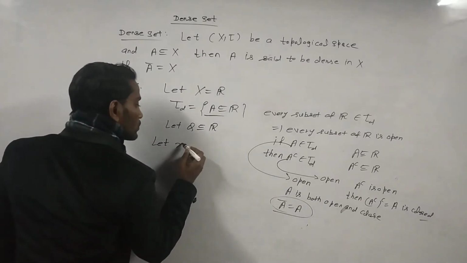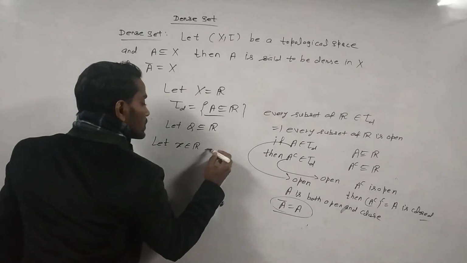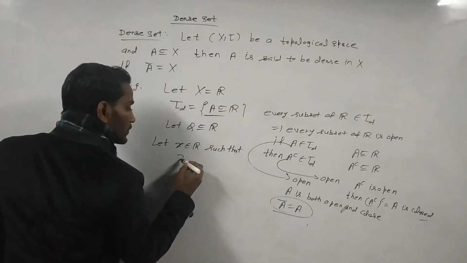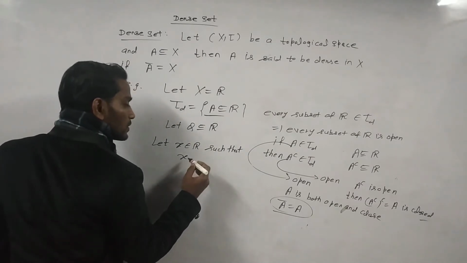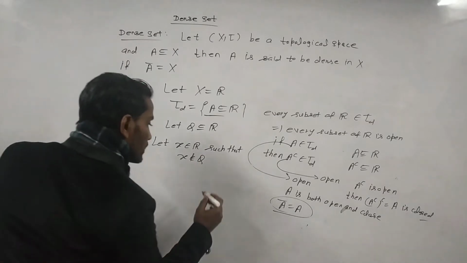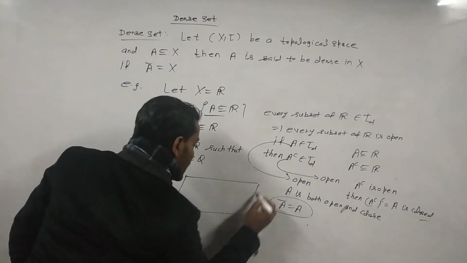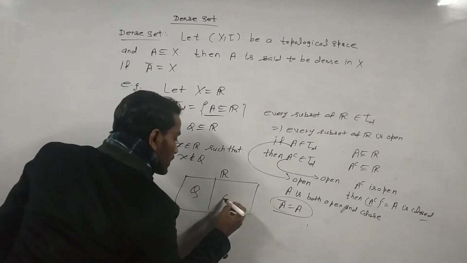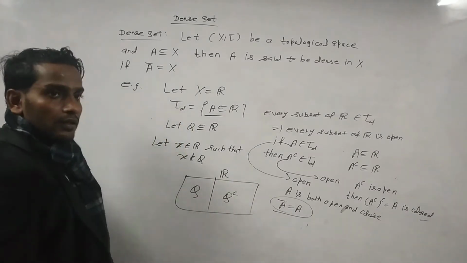Let X belong to R such that X doesn't belong to Q. This means, we have discussed here, R is a set, Q is its subset, this is Q complement.